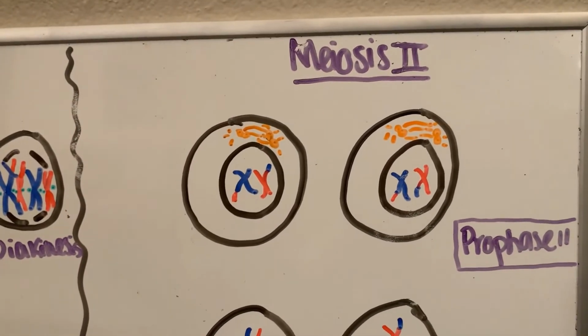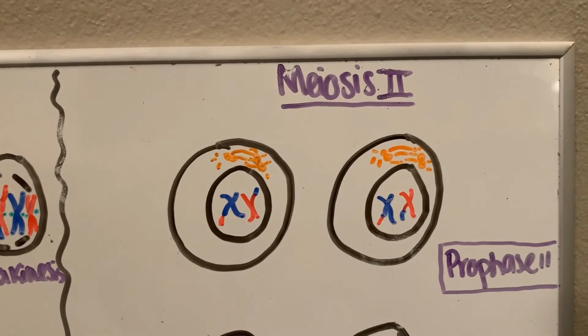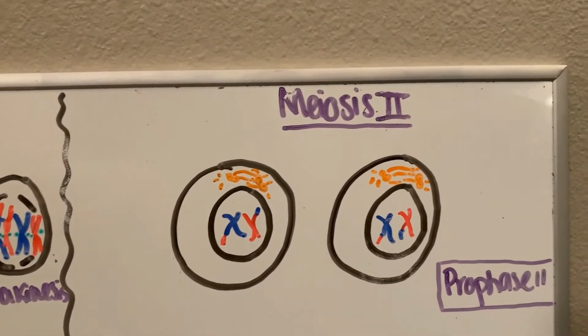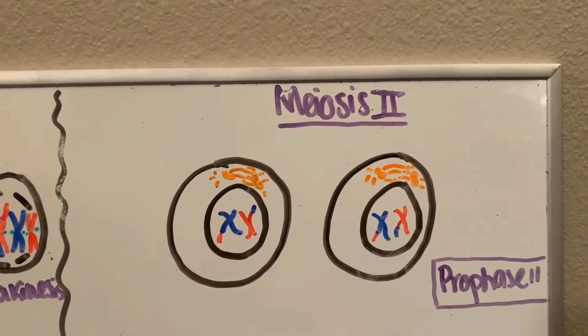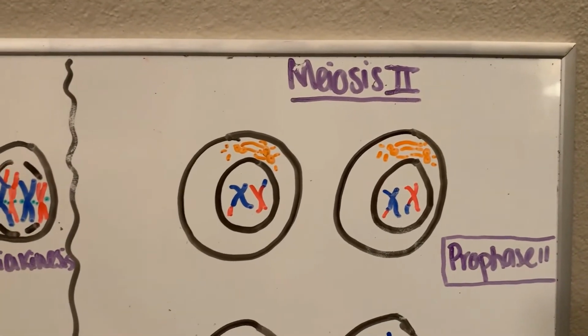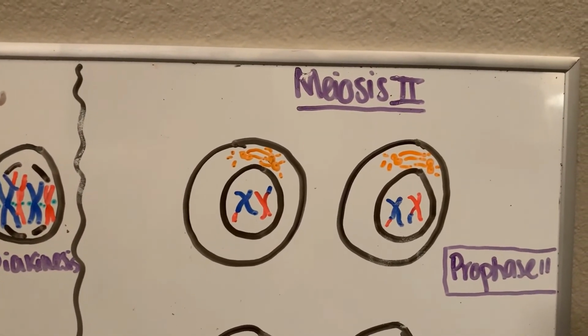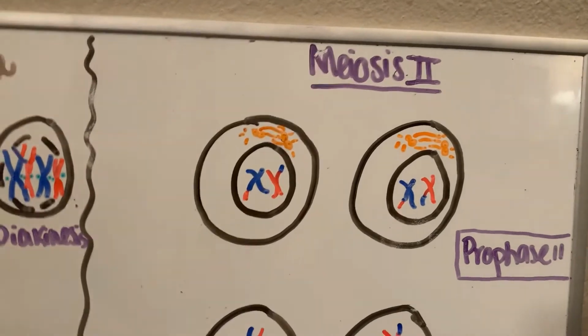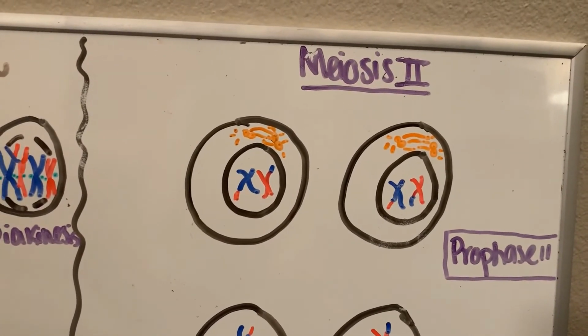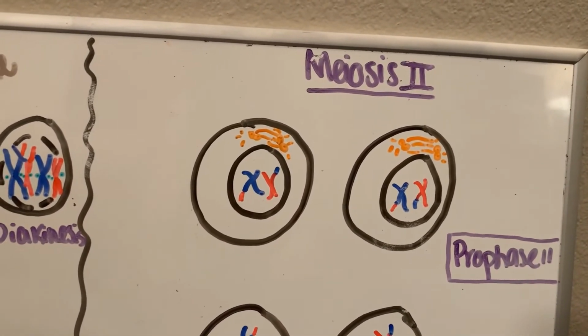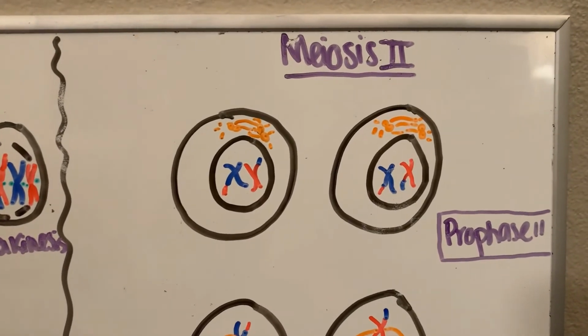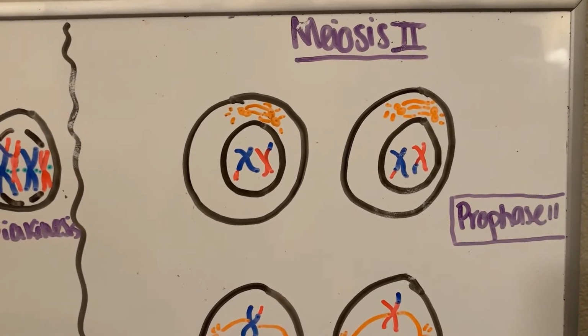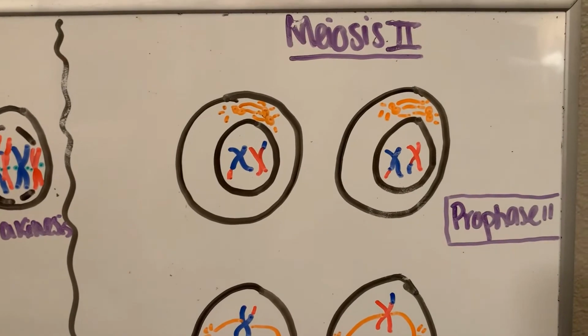But you see the chromosomes condensed, and they're each composed of 2 sister chromatids, and the centrosomes are separating from each other and moving towards opposite sides of the nucleus. And then you can see the centrioles.